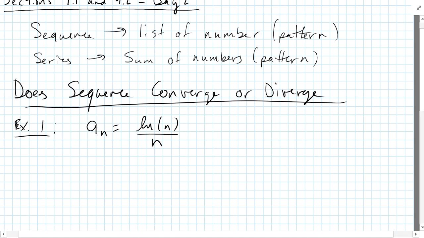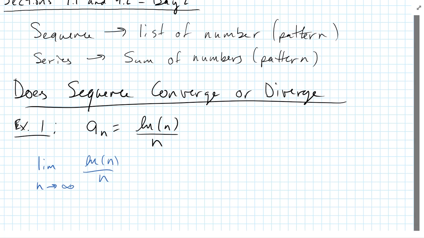So what does it look like when we're going to infinity and negative infinity? Isn't that a limit? So the way we're going to evaluate this is we're going to take the limit as n goes to infinity of the natural log of n over n.